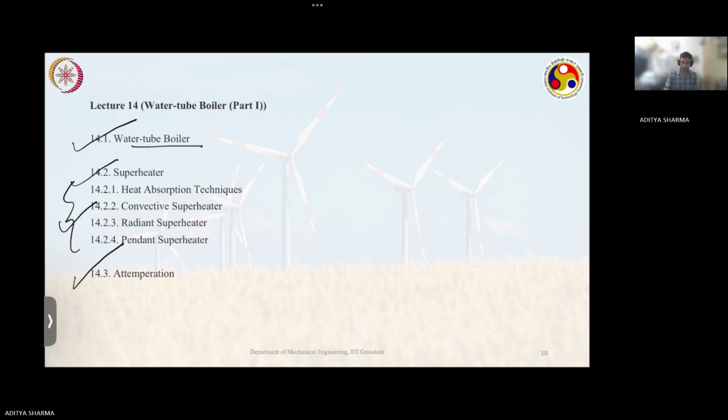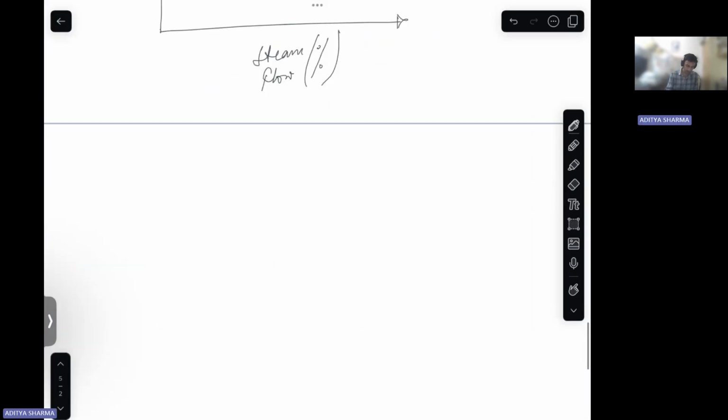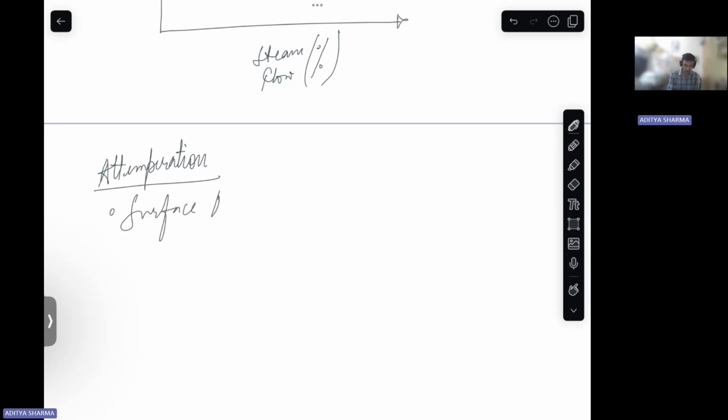So attemperation is majorly of two types. So first is your surface attemperator.